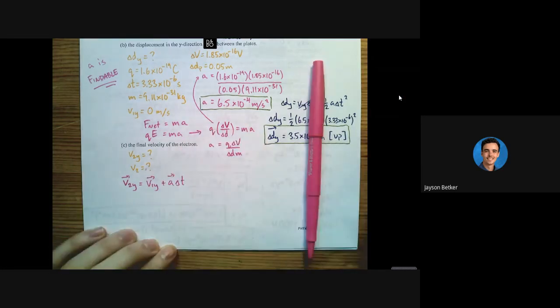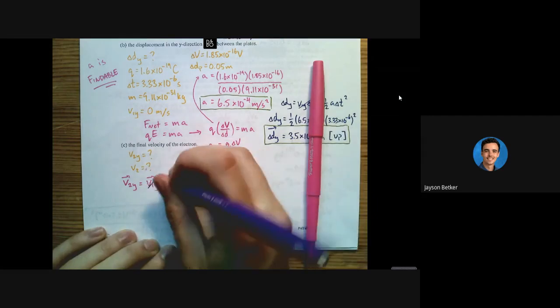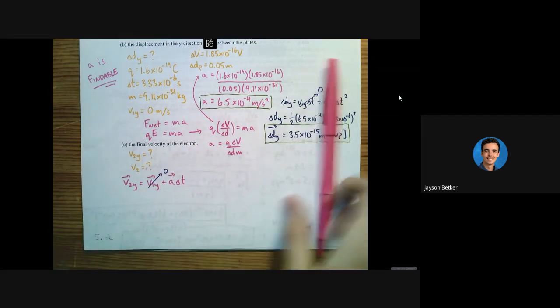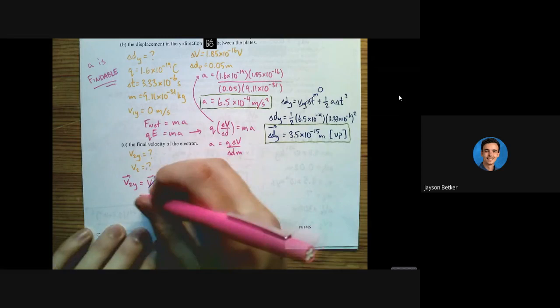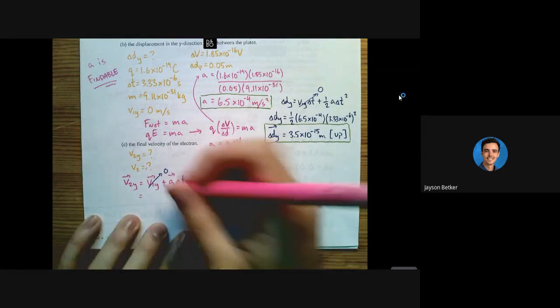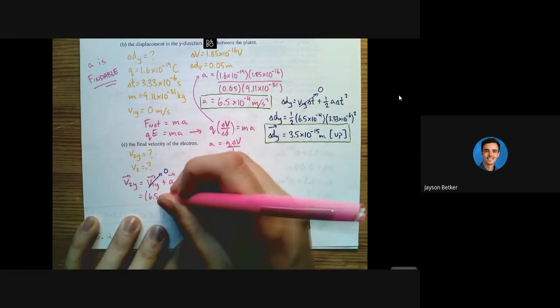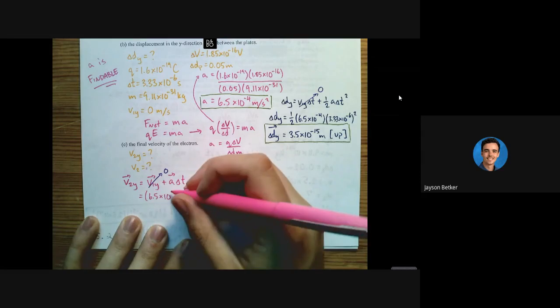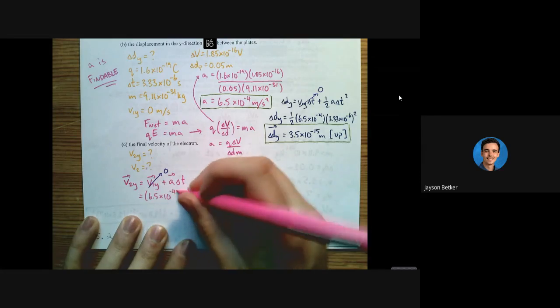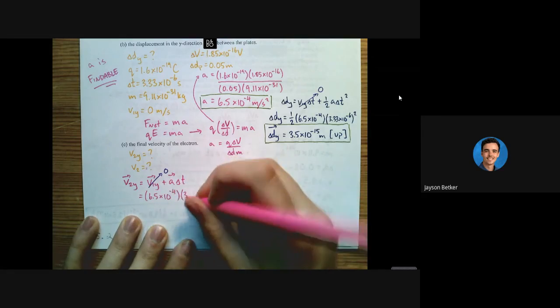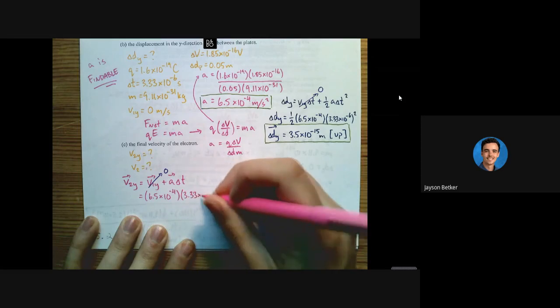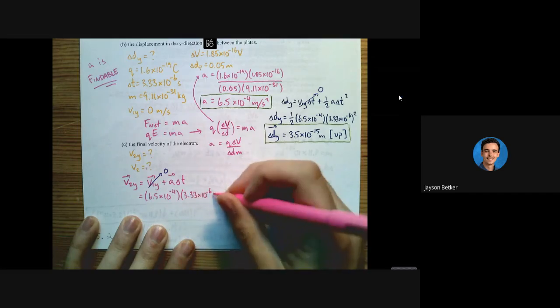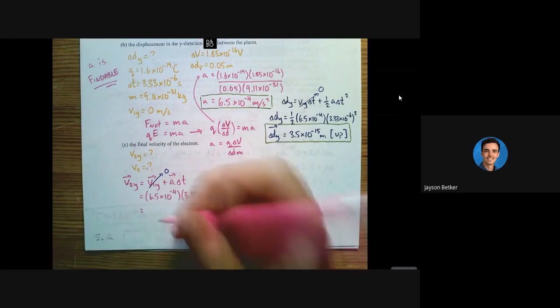V1y again, beauty, 0. That helps a lot. So V2y is just equal to a times delta t. It's really straightforward. 6.5 times 10 to the negative 4 times delta t, which is 3.33 times 10 to the negative 6. And I get a final y velocity.